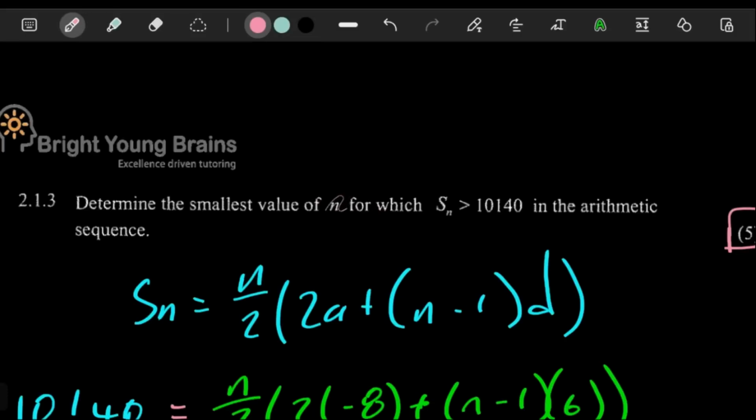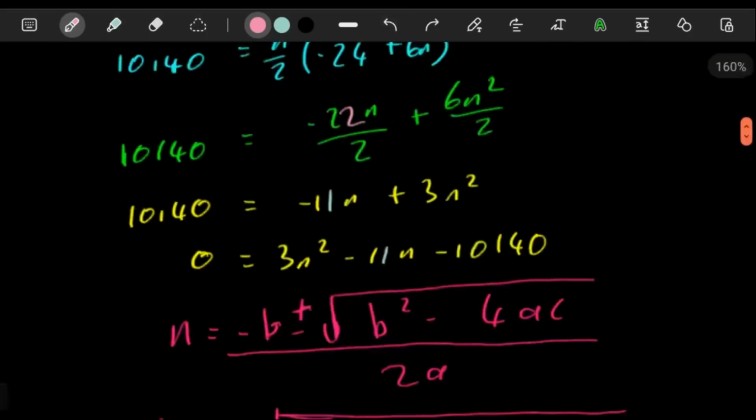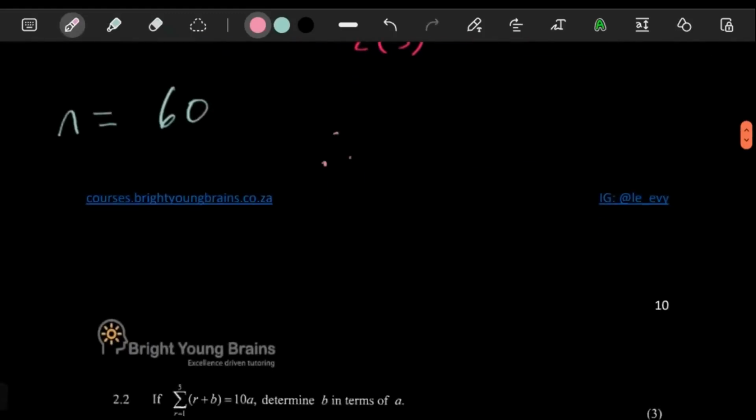So the smallest value of n, where what you add up is bigger than this, is going to be 61. You see, because if you add up 61 terms, that's the only time when you will have a sum more than 10,140.